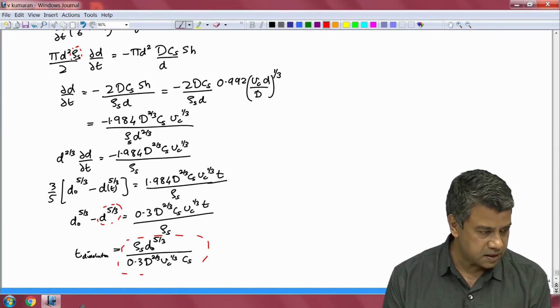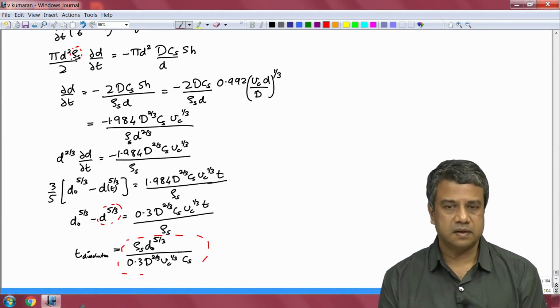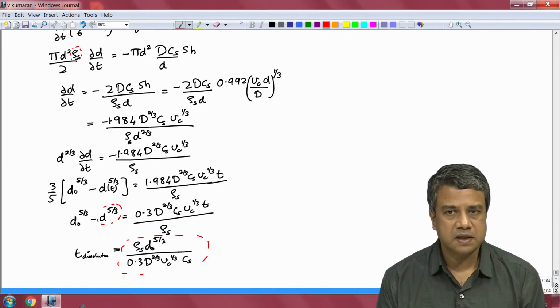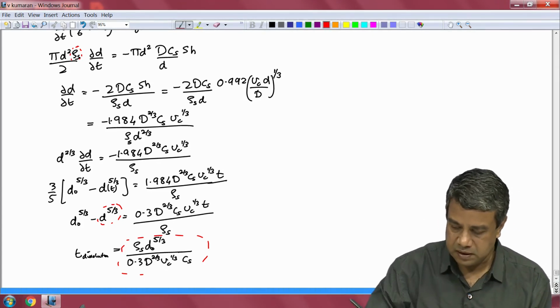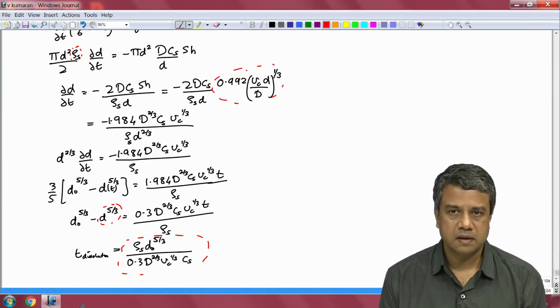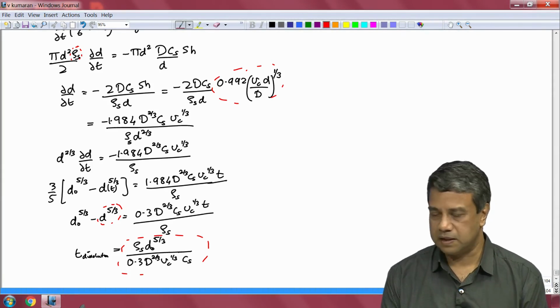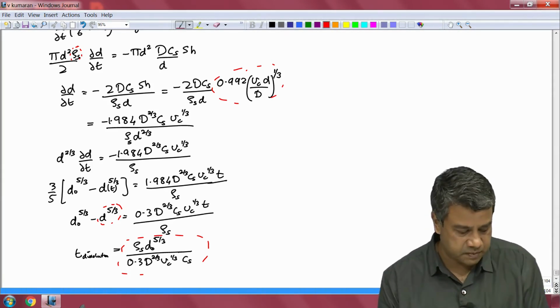In this case it is natural convection, it is increasing as the 5/3 power of the diameter. That is because you have a factor of Peclet number to the 1/3 in the expression for the Sherwood number, and because of that you get a 5/3 power.